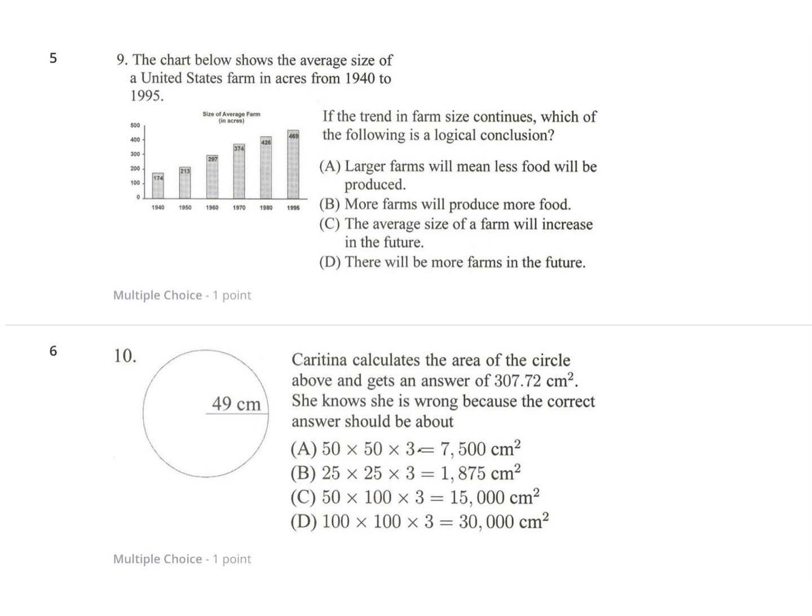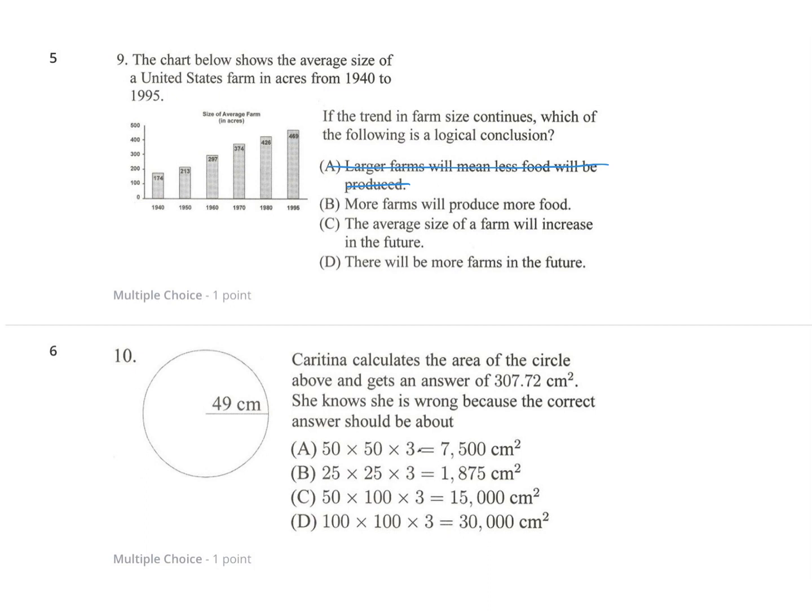So I'm going to try to eliminate ones that I don't think are logical conclusions. Okay. So A says larger farms will mean less food will be produced. Well, I don't really have anything about how much food is going to be produced. I just have the size of the average farm. So I don't know the food production. So I can't say that that's going to be a logical conclusion. I don't know anything about the production.